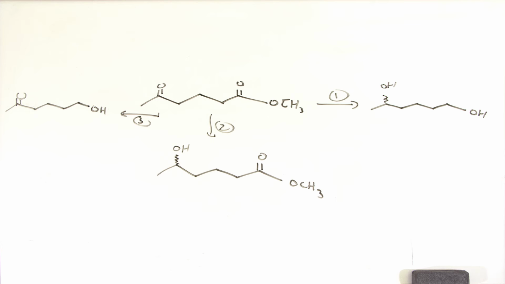No. Sodium borohydride does not react with acids, esters, or acid chlorides. It will not take out an ester. So you do not have another option for this. If you want them both gone, you can't be nice to them. You have to use a strong reducing agent. Okay, that takes them both out.